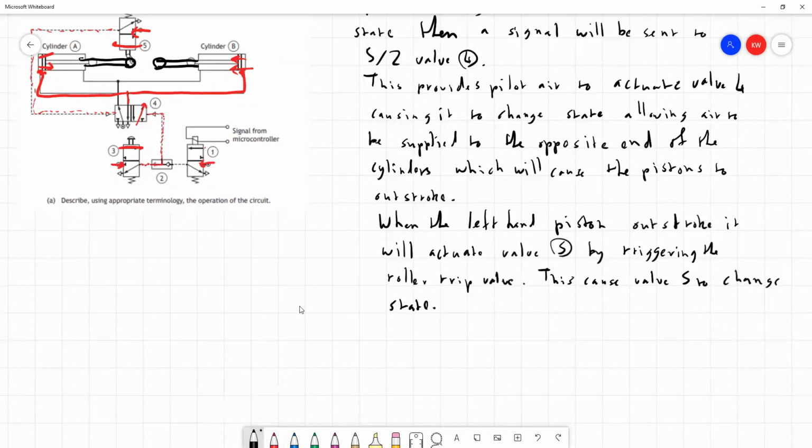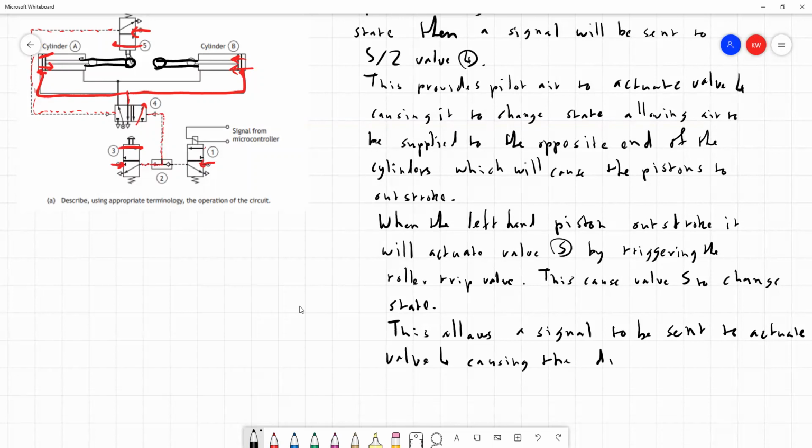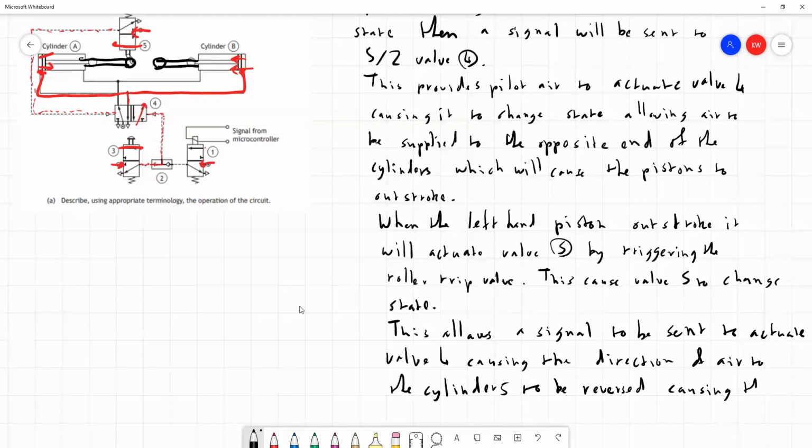So we can say this allows a signal to be sent to actuate valve 4, causing the direction of air to the cylinders, as I say, to be reversed, causing them to in-stroke.